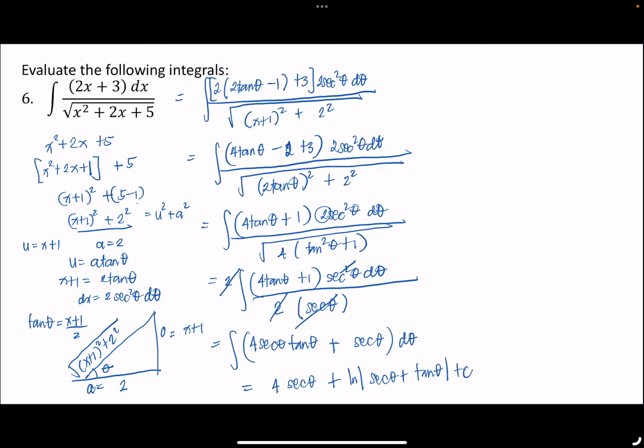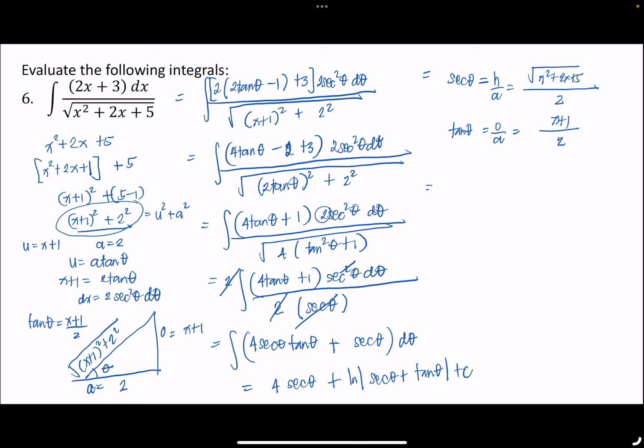So we need secant theta. Secant theta is hypotenuse over adjacent, so that's the square root of x squared plus 2x plus 5 over the adjacent 2. And for tangent theta, it is opposite over adjacent. The opposite side is x plus 1. The adjacent side is 2.